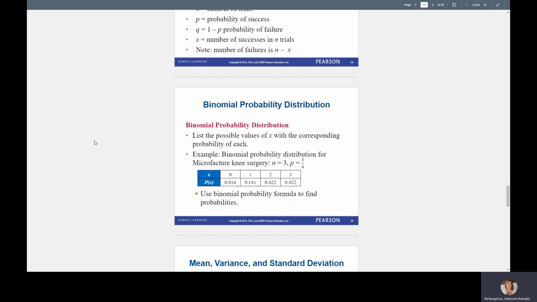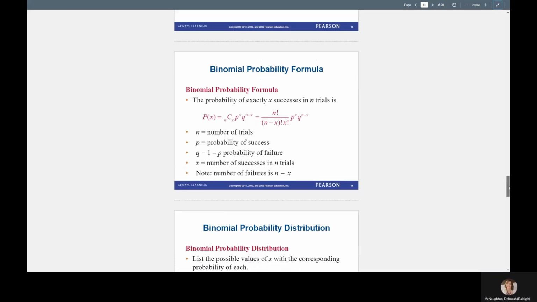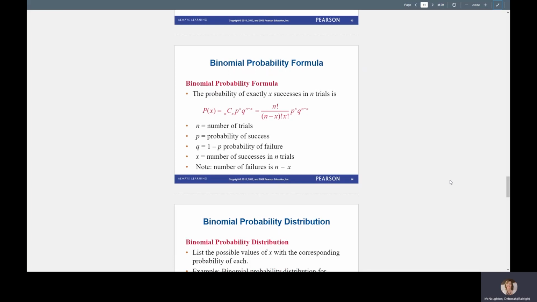So we're going to start with n equals 3, and the probability of 0 successes with p equals 0.34 is 0.016. 1 success, 0.141, 2 successes, 0.422, and 3 successes is 0.422. And when we add all these together, they're going to sum to 1. Okay, so you use this binomial formula here to find the probabilities.